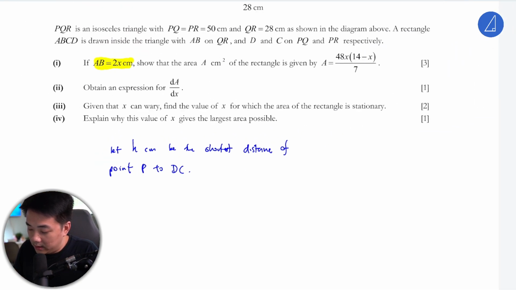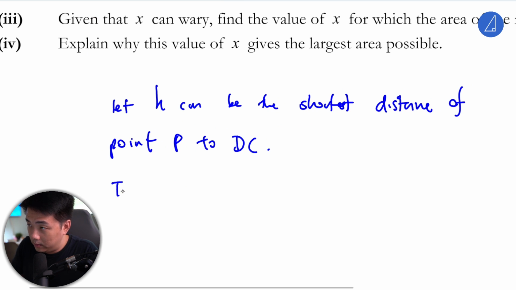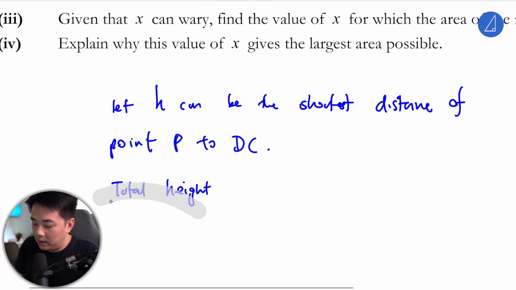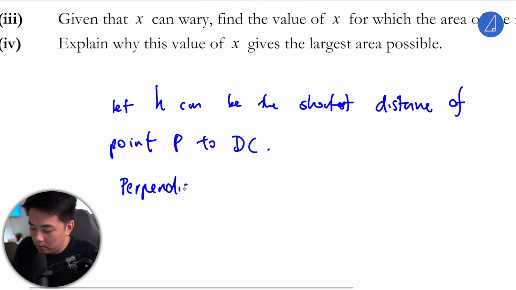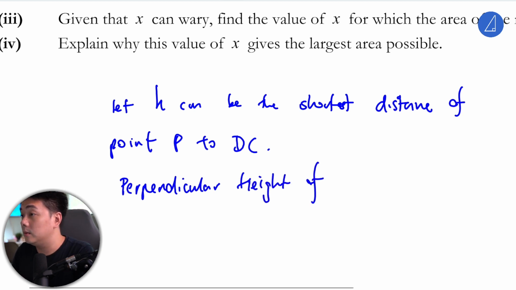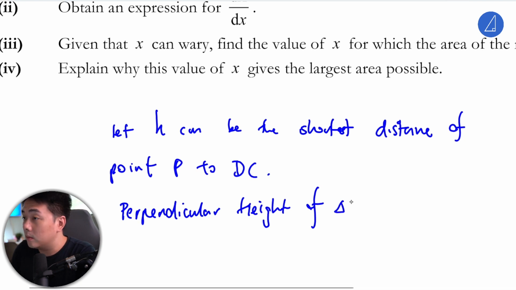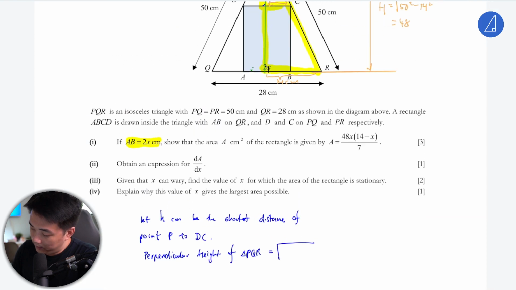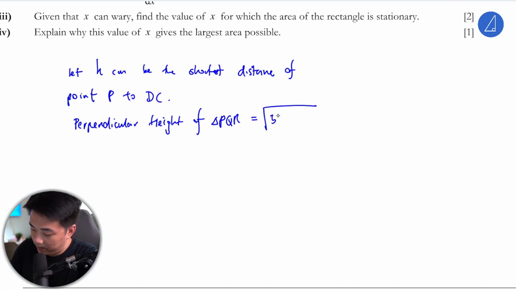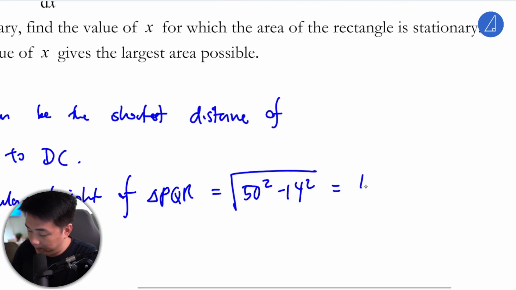So in this case, the total perpendicular height of triangle PQR is equal to the square root of 50 squared minus 14 squared, which we got just now was 48 cm.